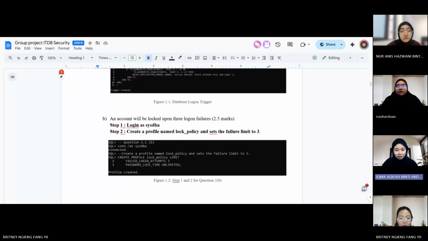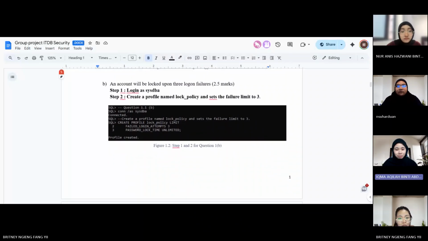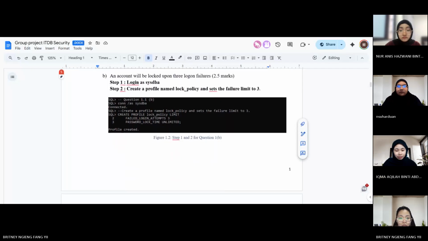Next, for question 1B is account locking policy. We implemented a security measure to prevent brute force attacks by locking accounts after 3 failed login attempts. The process involved 4 main steps. First, we log in as the system administrator, which is sys dba, and then we created a security profile named log policy and set the failed login attempts limit to 3.